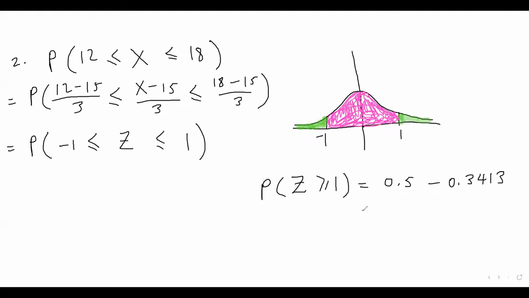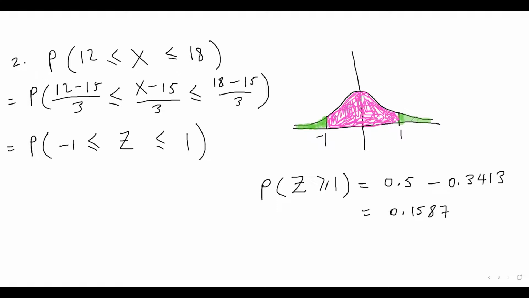So this is equal to 0.1587. The probability that Z is at least 1 is equal to 0.1587. So this means that this area that we shaded in green on the right side is equal to 0.1587.